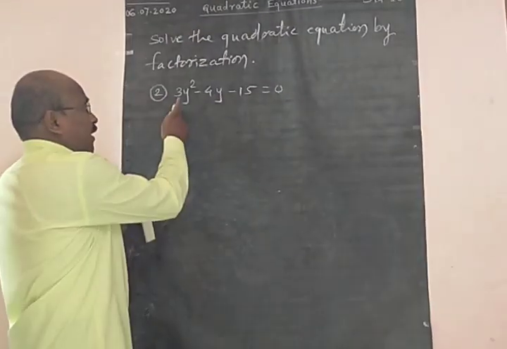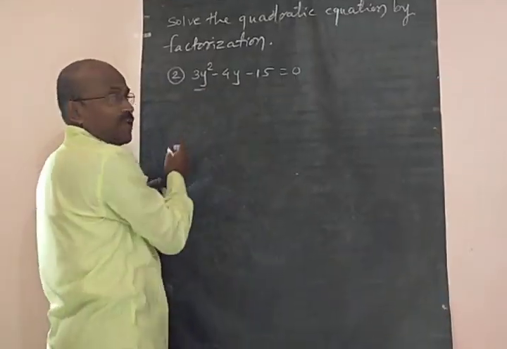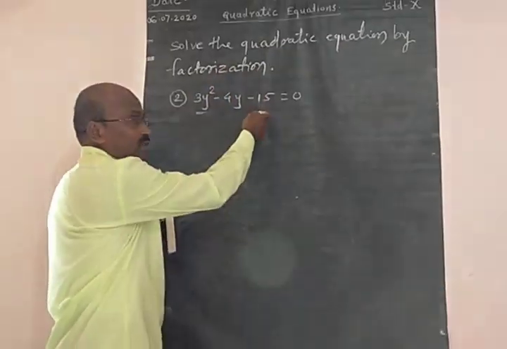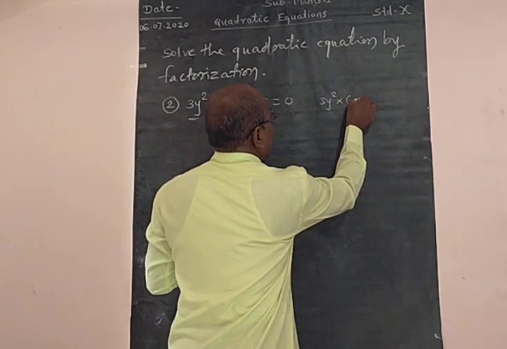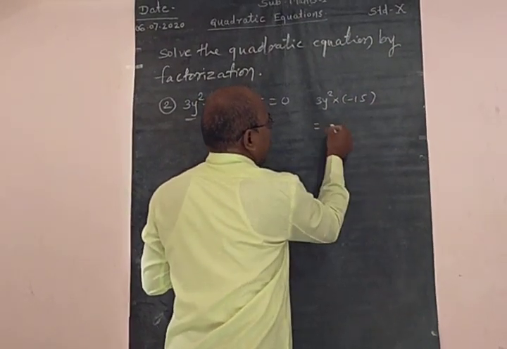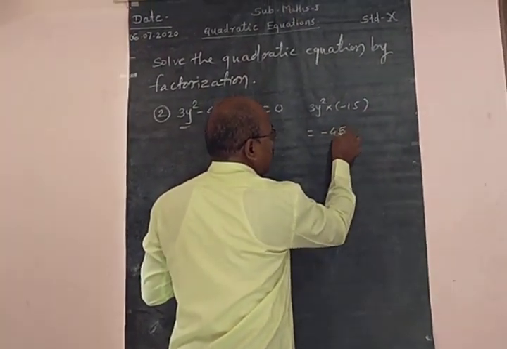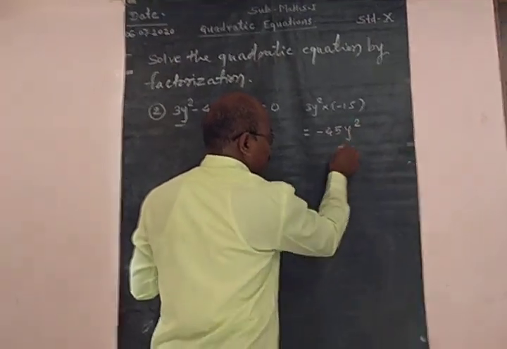So here again we have to multiply the first term and the last term, that means 3y square into minus 15, we will get minus 45y square.